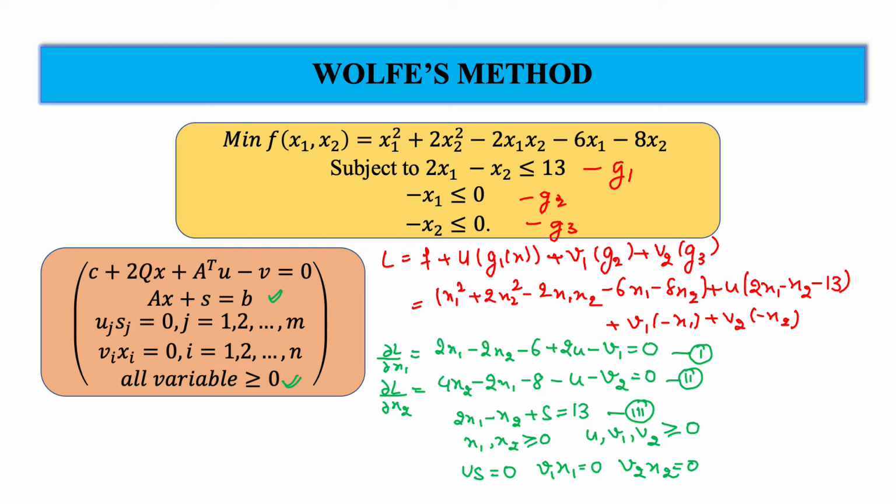Now if you remember, this is the feasibility condition, this is a non-negativity condition, and this is also a non-negativity condition. One more condition, u into s equals 0. So these are the non-linear conditions and these are our linear conditions.